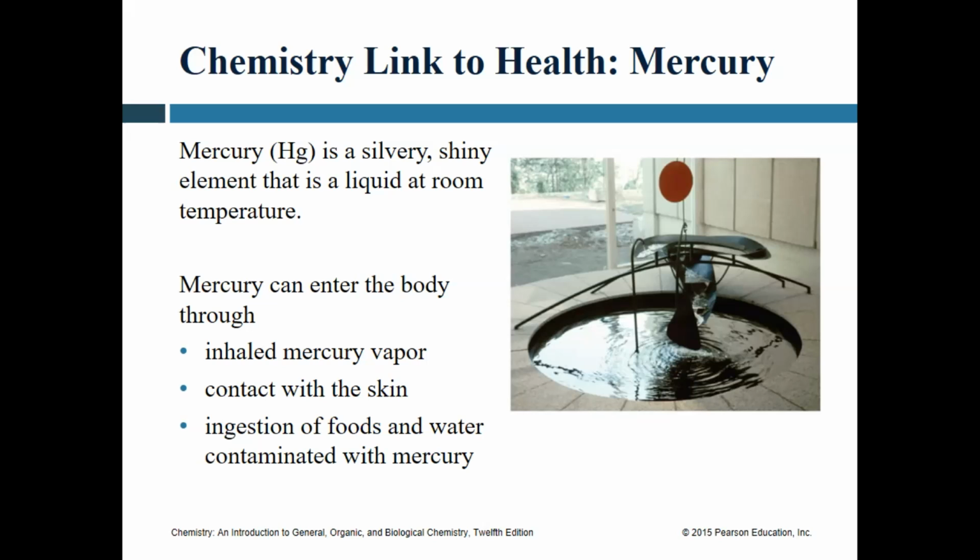Mercury is one of 2 elements that is liquid at room temperature naturally. The other one is bromine. So you've got one metallic liquid and one non-metallic liquid element. All the rest of the other metals are solids. All of the rest of the non-metals are either gases or very low melting solids.